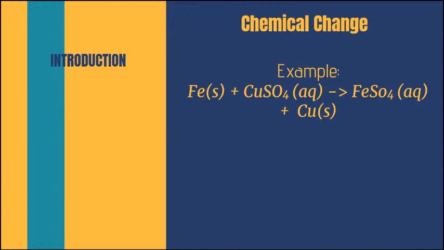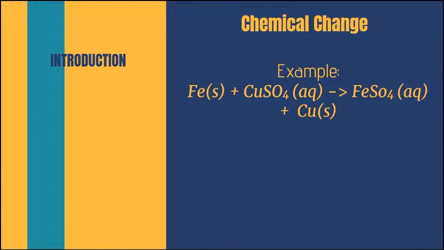We have Fe plus CuSO4 gives, after reaction, FeSO4 plus Cu. Here Fe and CuSO4 are the reactants and FeSO4 plus Cu are the products formed after the reaction is completed.